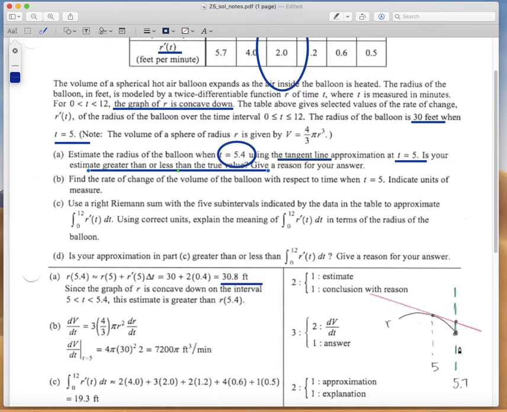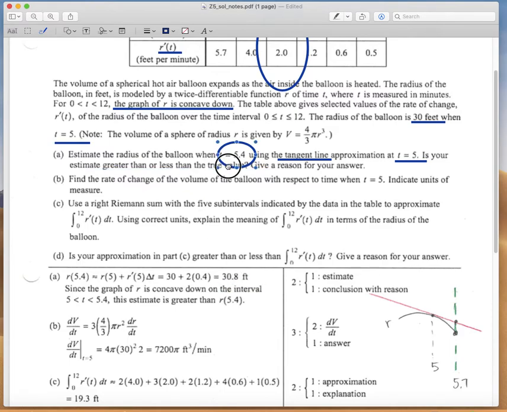Yeah, I think you can see that with a picture. How do we say that, though? How do we give them a reason? Well, you really just have to give a reason. You don't need to justify it. So why is this an overestimate? Because the graph of r is concave down. That's the reason.